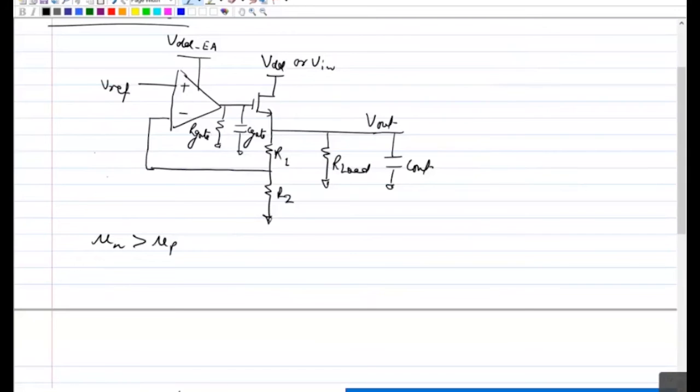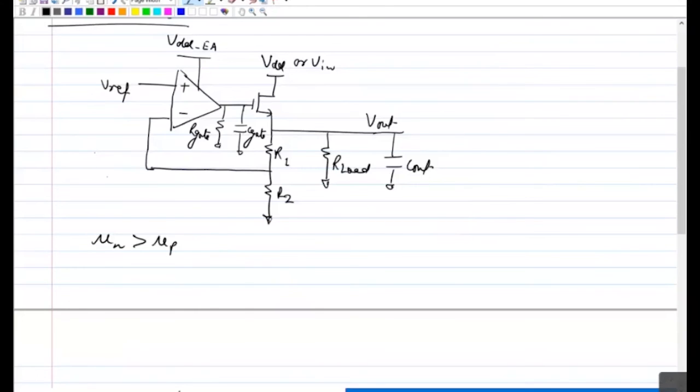When you go to, let's say, 180 nanometer or below, you will see 3 to 4 or even 5 times the mobility of NMOS, which means for the same drive strength or drive current, you may require 4 to 5 times fewer transistors. So the main advantage would be the area you will be saving, and another advantage is the C gate which was appearing at the gate will be lower. So your pole at the output of the error amplifier, or gate of your pass transistor, will be at higher frequency. So that can help you push UGB high if, let's say, you want to keep the output pole dominant.